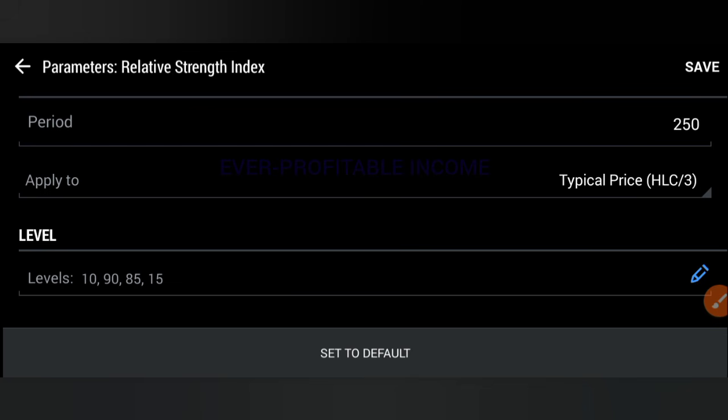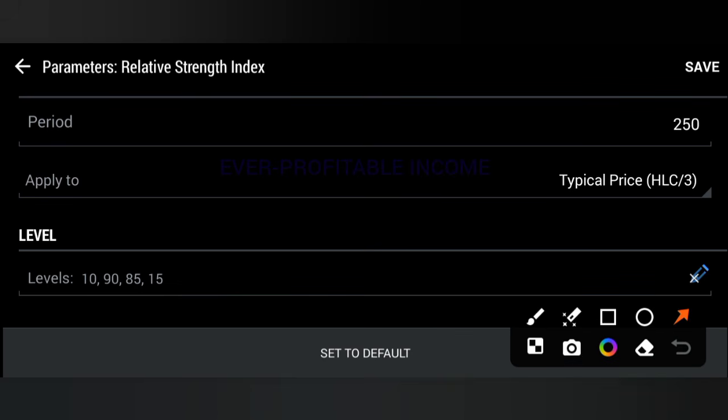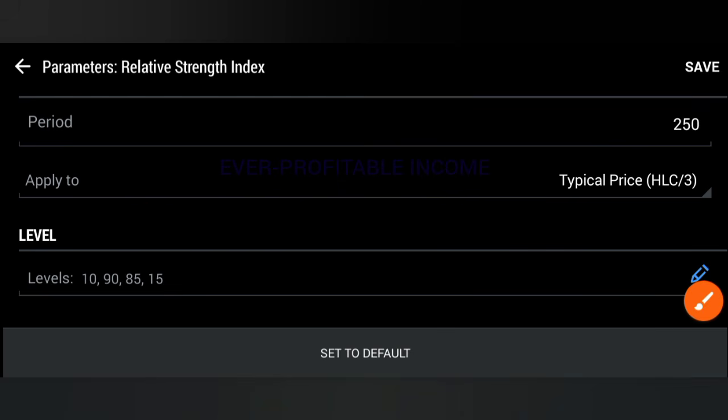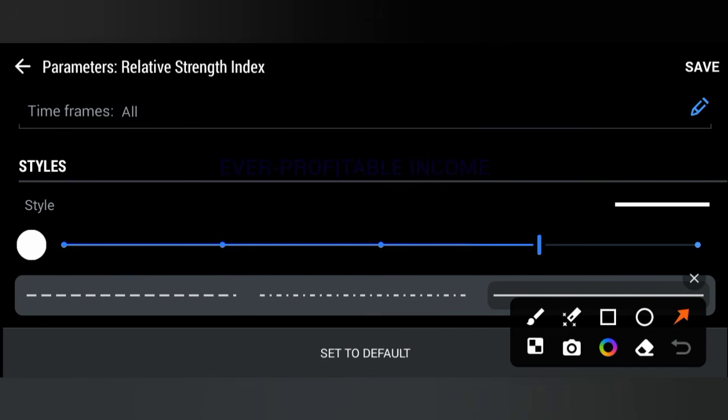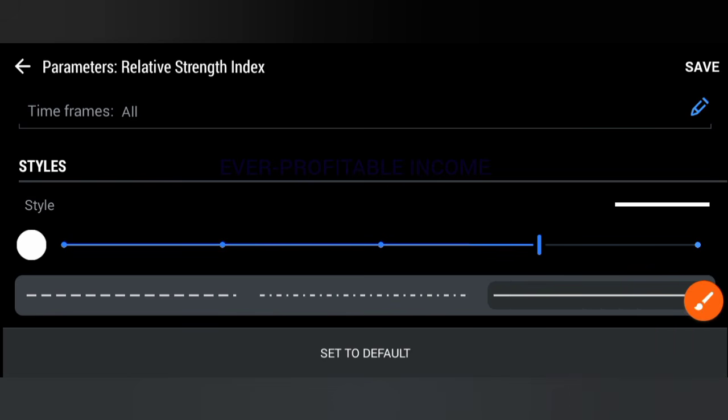So period 250, apply to typical price, and the levels are different from the previous video though. These are the levels: 10, 90, 85, and 15. Then the style should be the color of your background. Then you click on save.